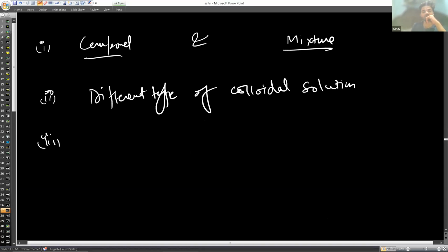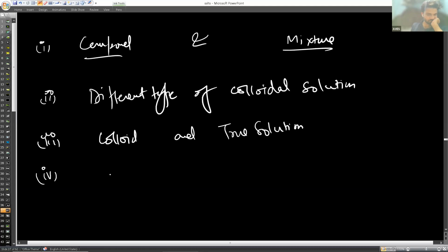Third is the difference between colloids and true solution. Revise it in your copy, and then I'm going to ask you.